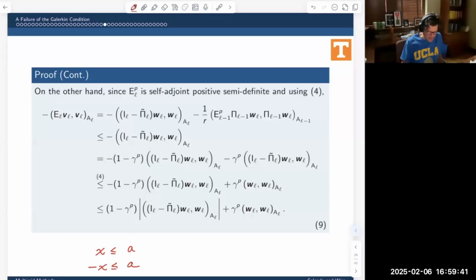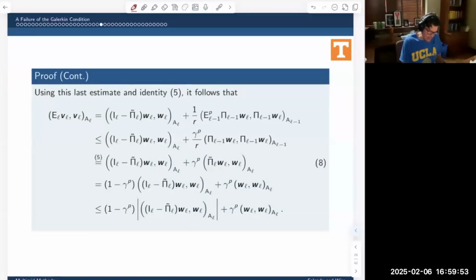Well, it means that the absolute value has to be, this proves that the absolute value has to be less than or equal to A. That's what I just showed. Because I previously had this same estimate, but without the minus sign here, the plus sign there. And that one did use the induction hypothesis, etc.